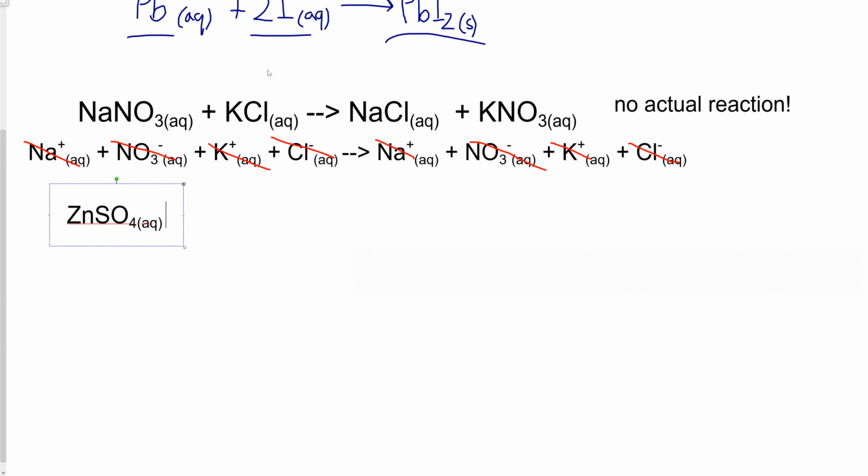Let's fix that. Let's say we drop some sodium into the mix. So sodium metal. I've got a zinc sulfate solution, and I'm dropping some sodium metal into the solution to see what's going to happen.